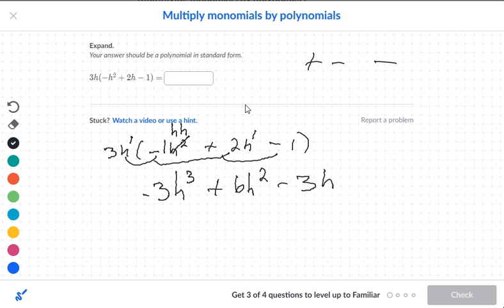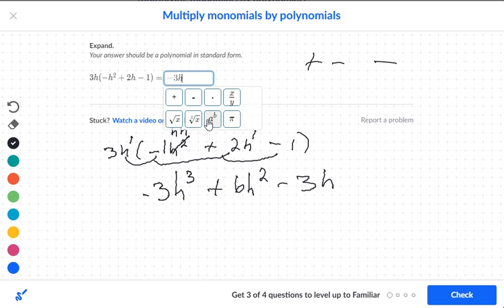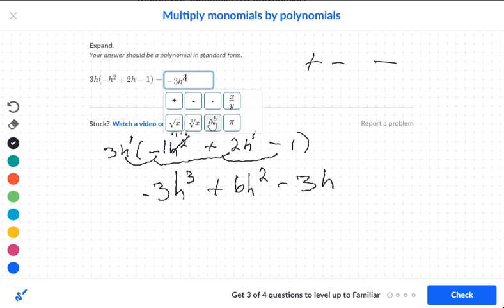So I have the negative 3h to the third. Press the negative sign, press 3, press h, press the AB key, press 3, and then your space bar. I press the plus sign, the 6, the h, the AB key is 2.